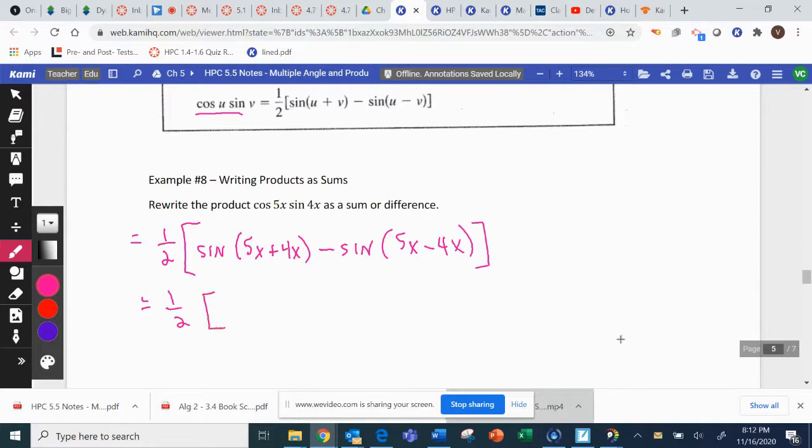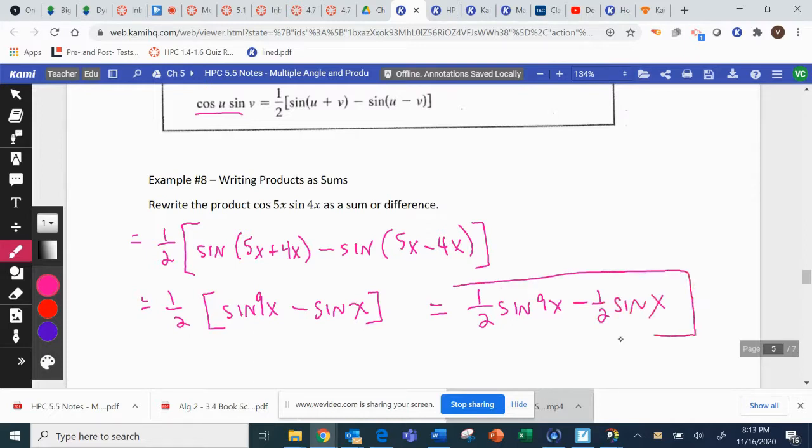I'm going to simplify that, and we get sine 9x minus sine x. And then I guess I could distribute the half: half sine 9x minus half sine x. And that's it.